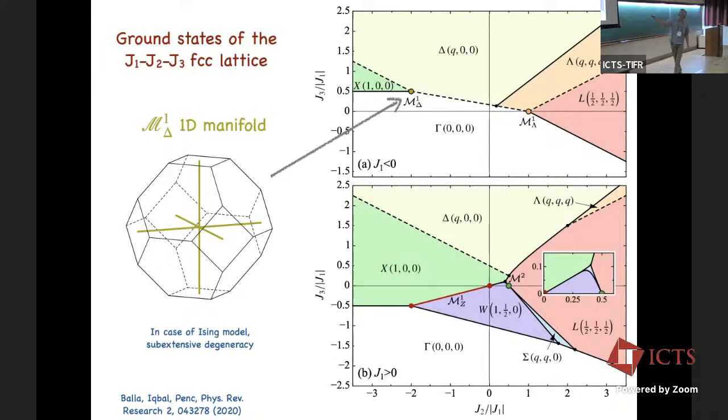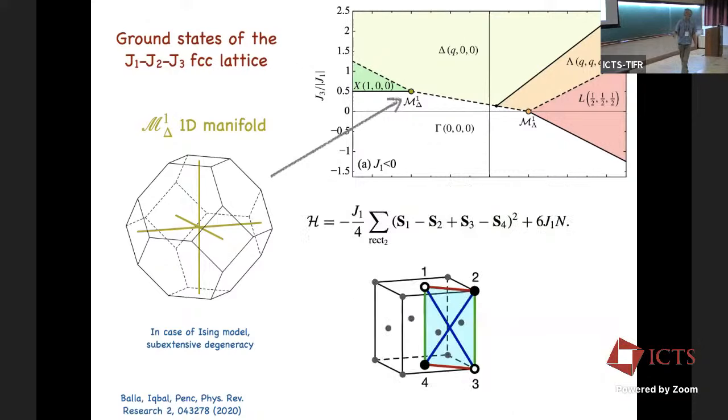At this point, however, all the Q values on these lines become equivalent, and any Q from this manifold can be a good ground state.